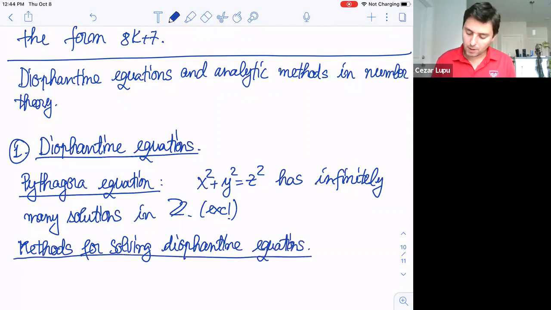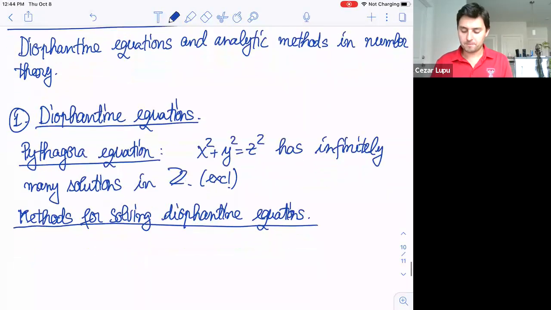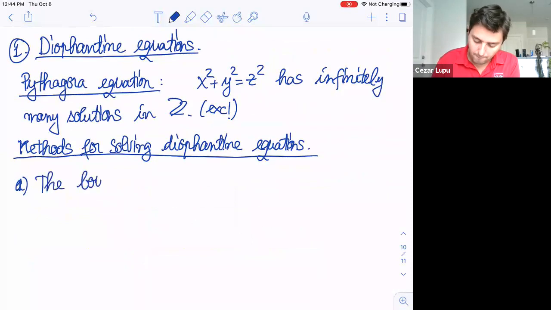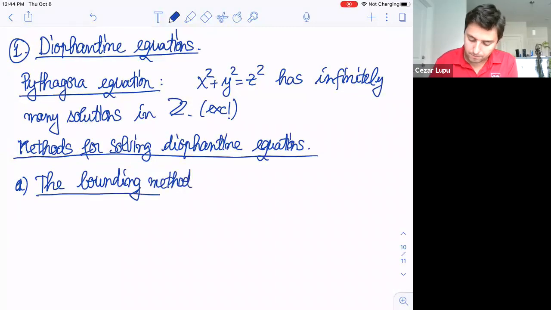The first method that I have in mind is, let's say, the bounding method, if I can call it like this. The bounding method says the following. Basically, I have an equation, and then I derive some inequalities, which will help me to reduce the cases. For example, a good problem is the following.